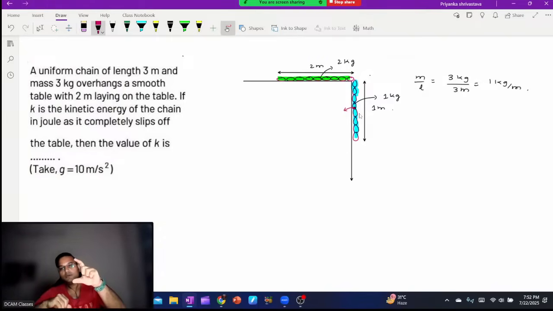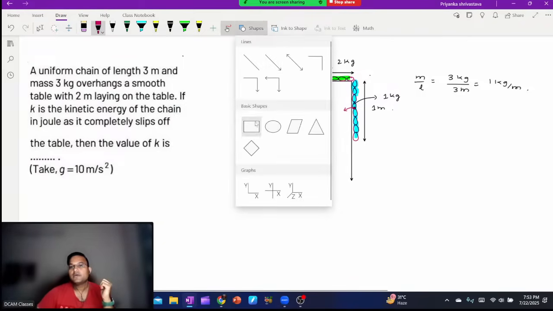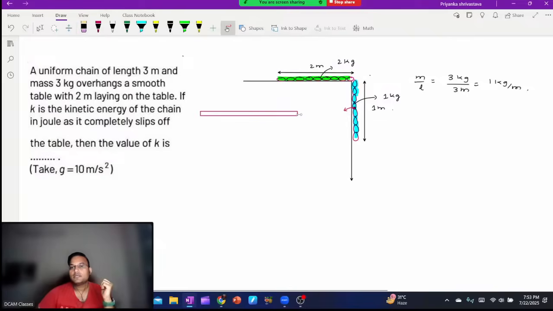Whenever mass is uniformly distributed, as you will study in the later chapter on center of mass, for a uniform rod its mass will appear to be present at the center. That's known as the center of mass.